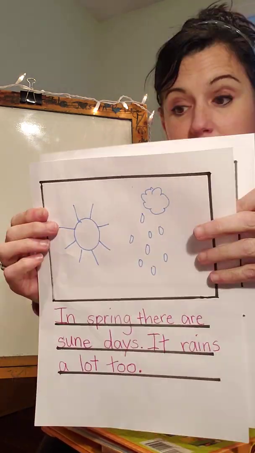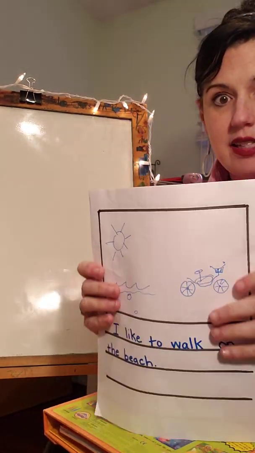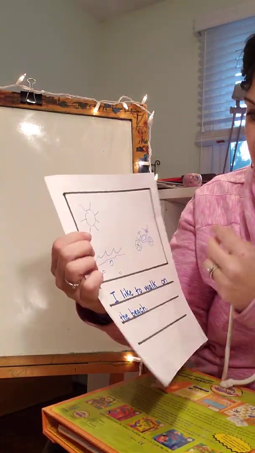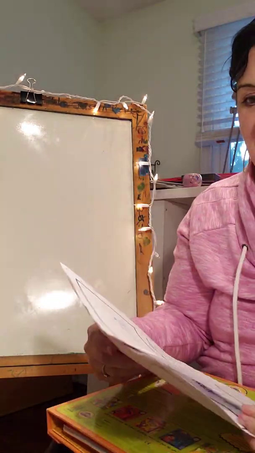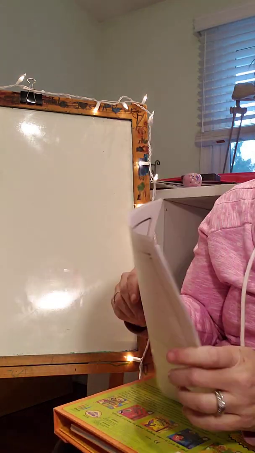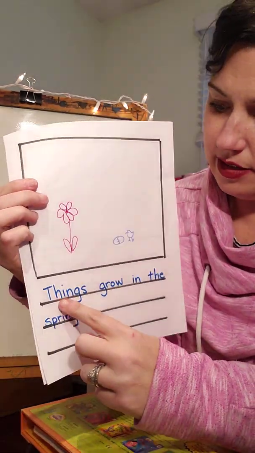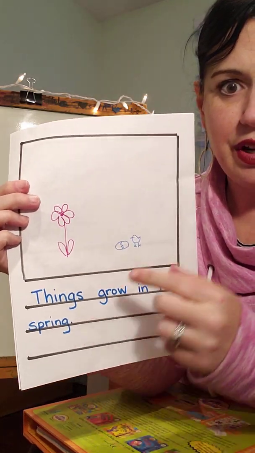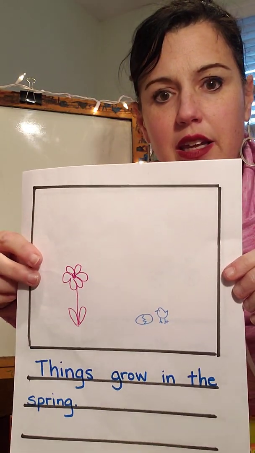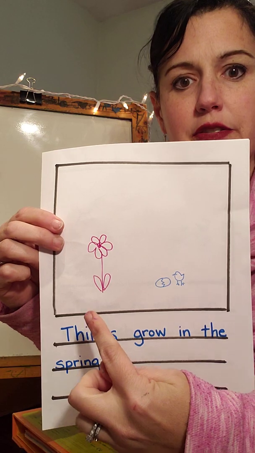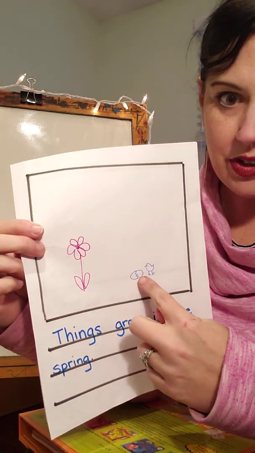Let's look at the next page and see if my words match my picture. Oops, that wasn't my next page. There it is. Things grow in the spring. Oh, wait a minute. I have a picture of a flower, and then I have a picture of a chick.